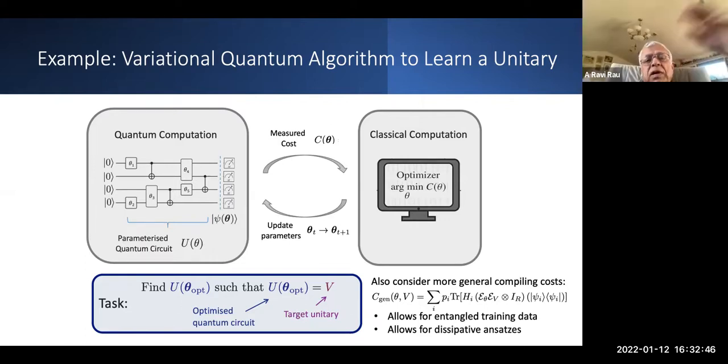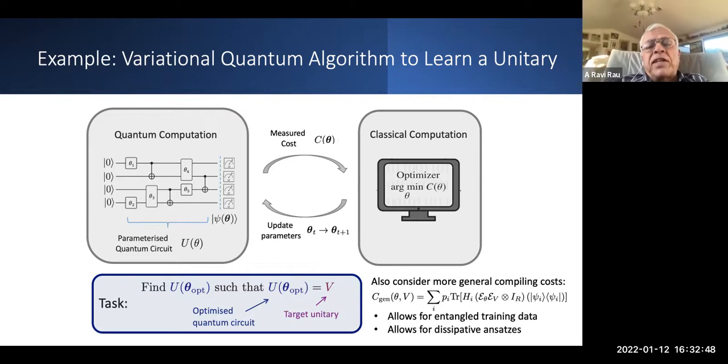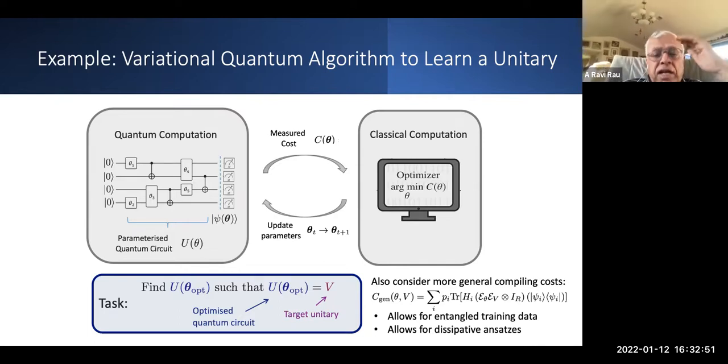Yeah, may I ask? Since you have the slide in front, when you say variational, what is variational here is the C of theta, the classical, the optimized, that's what you have minimized. So this is not variational for either the U or the psi of theta of the quantum computation side.